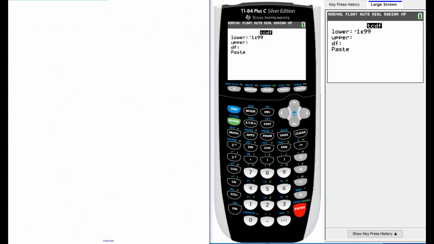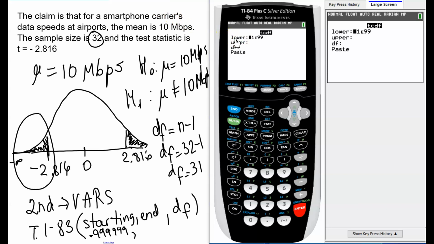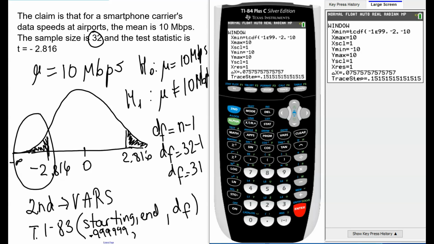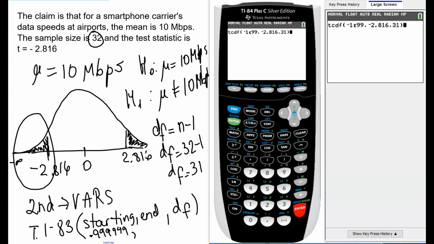The upper side is negative 2.816, degrees of freedom 31, click calculate.